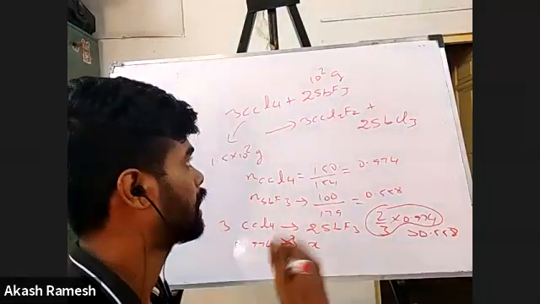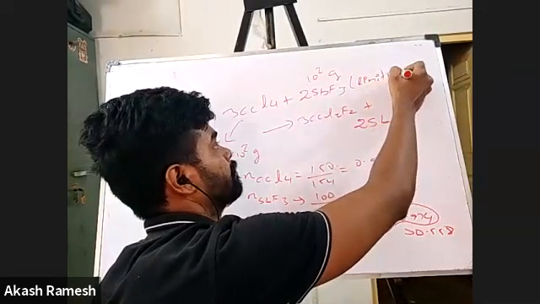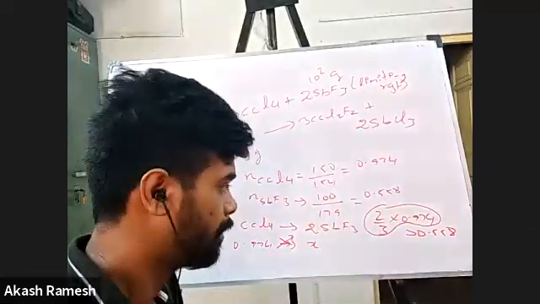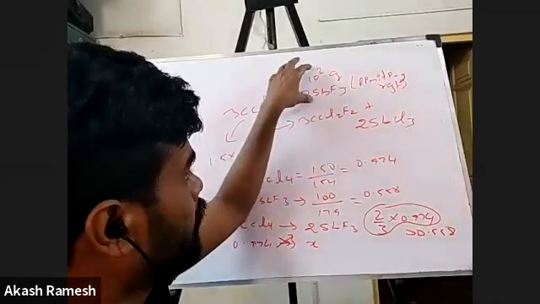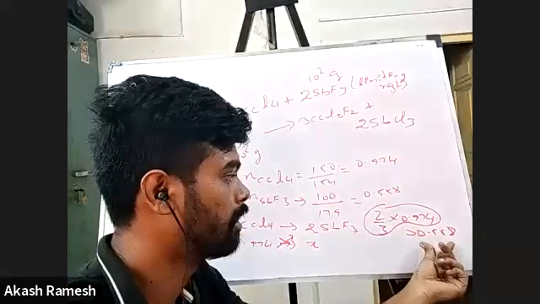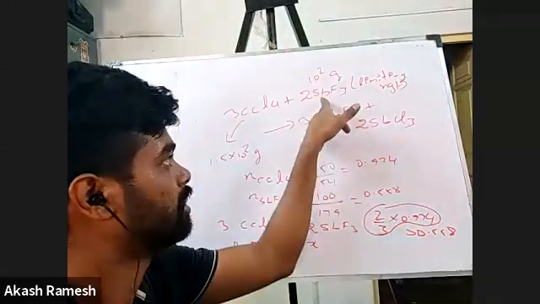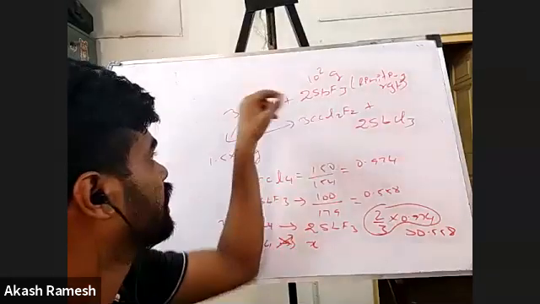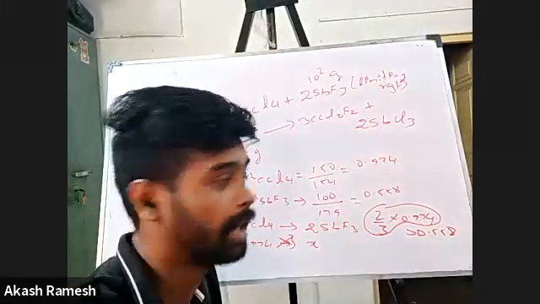That means SbF3 is my limiting reagent, because the given number of moles is lesser than what is actually required. That means this is limited. So obviously this is going to be the limiting reagent, and CCl4 is going to be my excess reagent. Done. That's it.